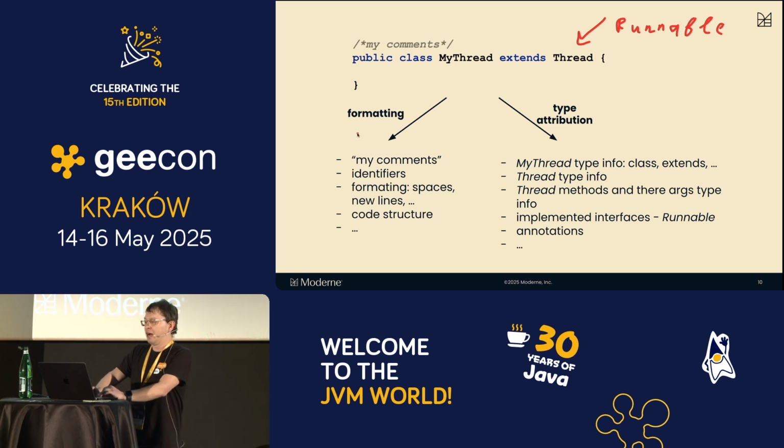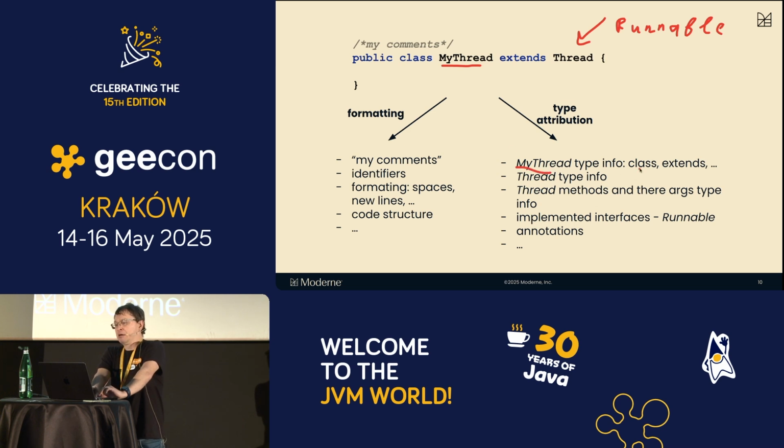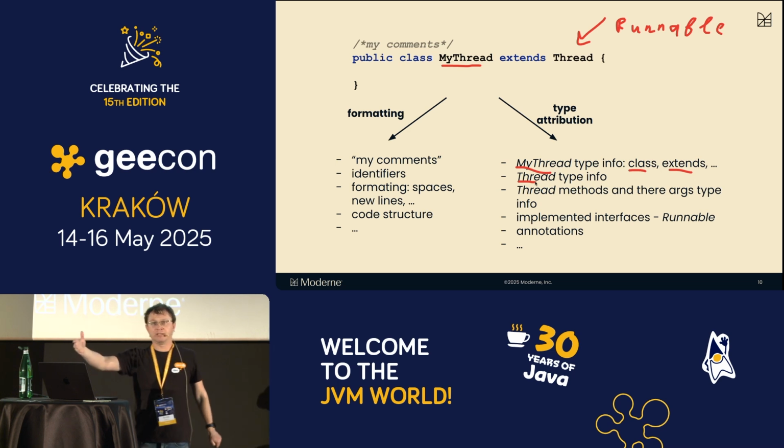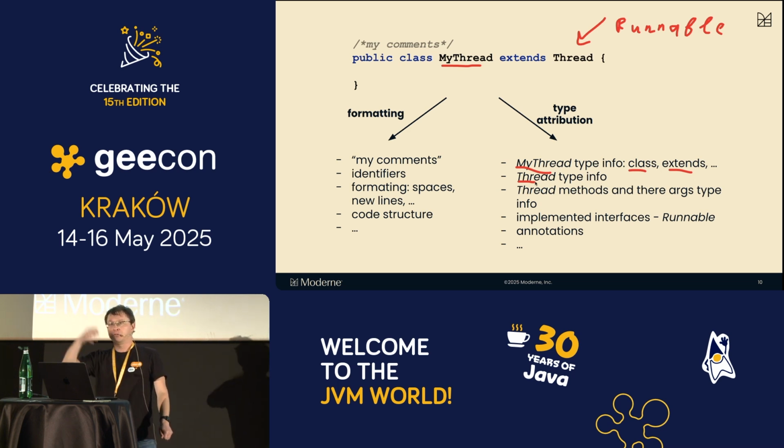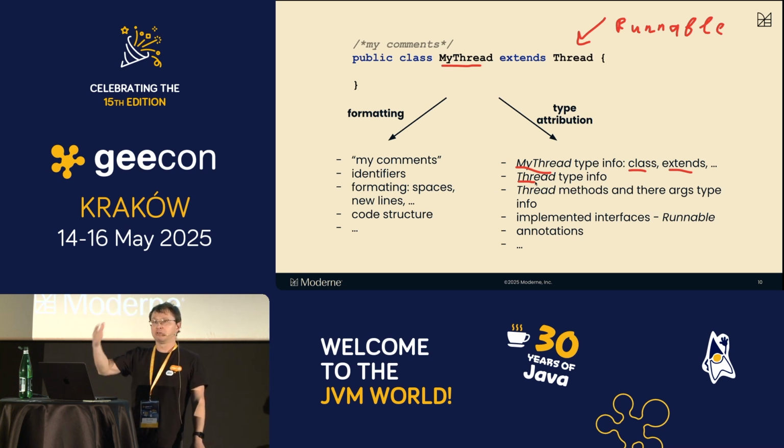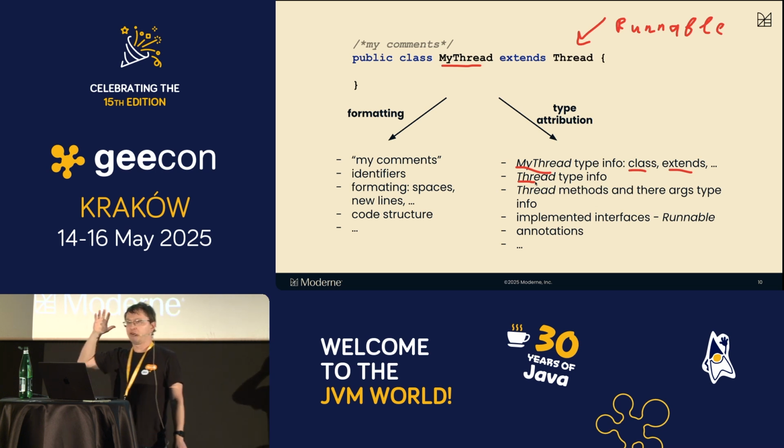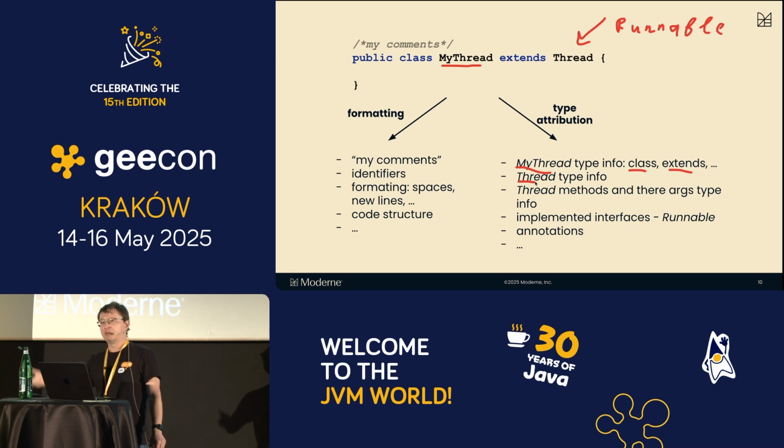So we are analyzing all classes that our class extends, for example, class Thread. Save its type, what it extends. Also, we start analyzing class Thread information, all methods present in this class, all arguments that class Thread has, and every type of these arguments will also be analyzed, what it extends, what it implements, and we'll also add it to the LST tree.